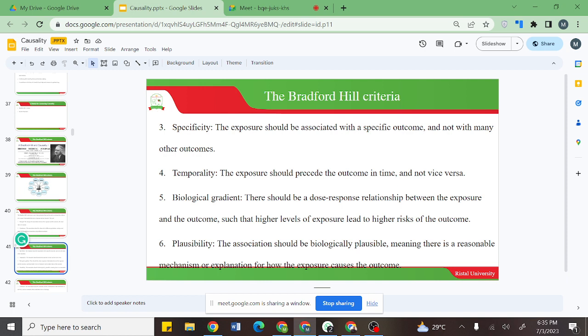So sometimes, even if you don't know the answer, for example, if I ask you a question and you give me an answer which I did not expect, but when I reflect, I see that it is possible, I will give you the marks because your explanation is believable and understandable. There's a logical mechanism that leads to your answer. That is what we call plausibility.